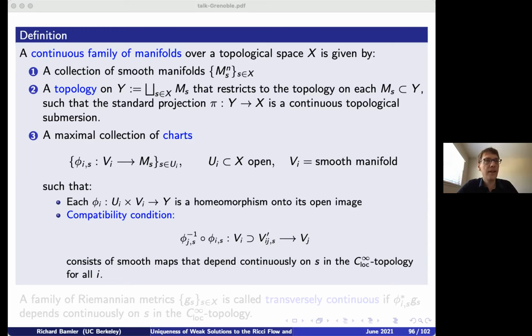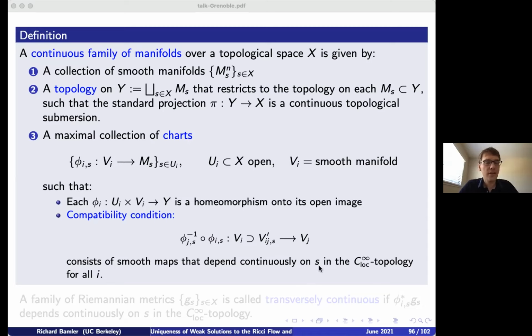If we had a smooth submersion, then we would have a smooth structure on this total space. But we don't have a sense of smoothness on the total space for now. We only want to say whether smooth maps on M_S vary continuously in the C infinity topology. I'm not saying that this depends smoothly on S, just that it depends continuously on S in the C infinity topology.